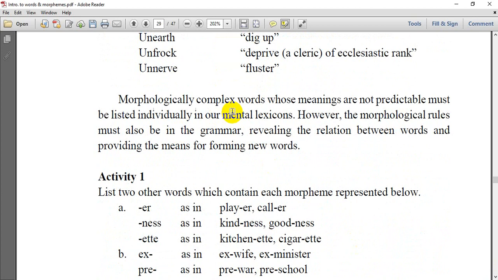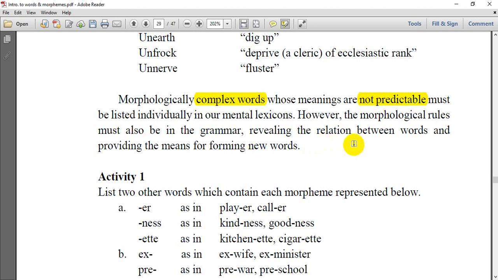So, morphologically complex words whose meanings are not predictable must be listed individually in our mental lexicons. However, the morphological rules must also be in the grammar, revealing the relation between words and providing the means for forming new words.